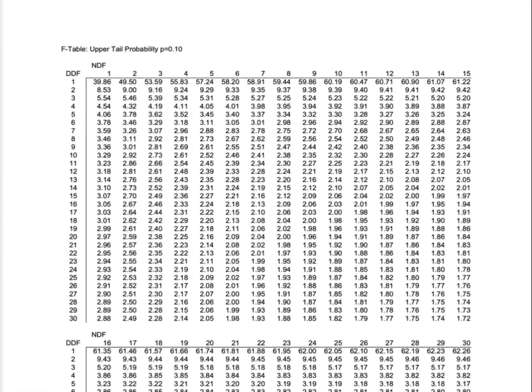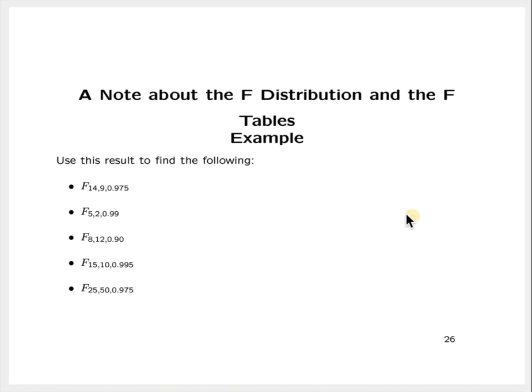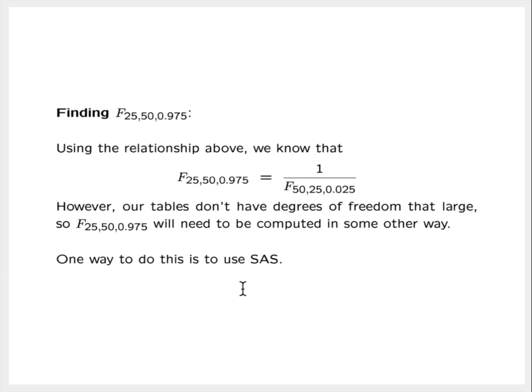And so we are not able to use this relationship to find this particular 0.975 percentage point. Okay, so we know that if we had such a table we could find that, but we can't do it because the table does not have large enough numerator degrees of freedom. But one way to get around this is to use SAS, and so let's see how we might do that.